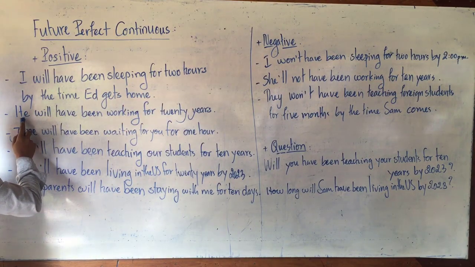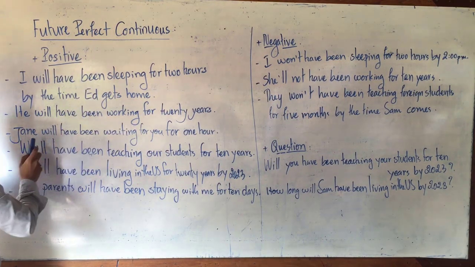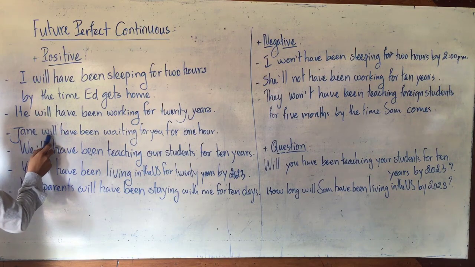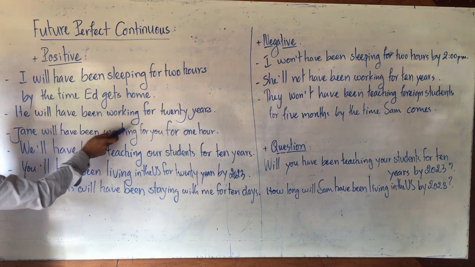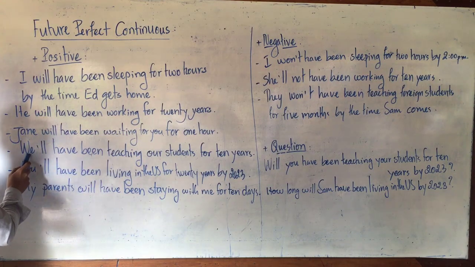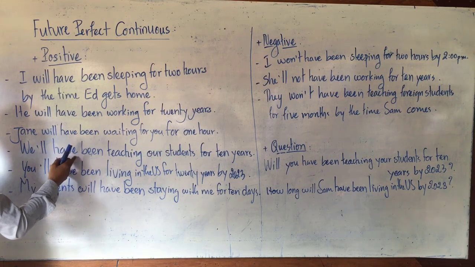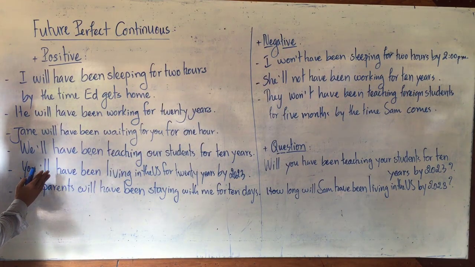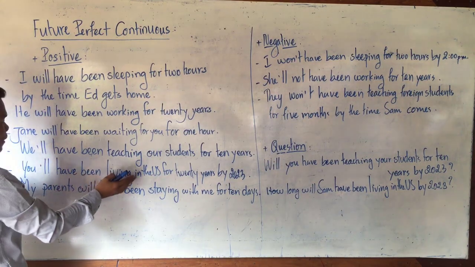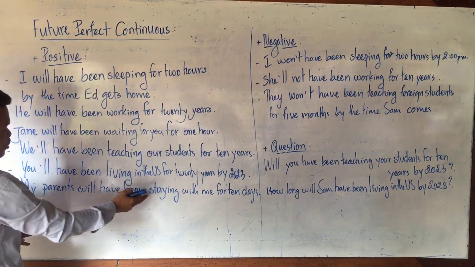He is the subject, will have been, same thing, verb-ing. Jen is a subject, will, same thing, have been, verb-ing. We is the subject, apostrophe double L is will, have been. Teaching is the verb-ing. You'll is the short form of you will, have been, living is the verb-ing. My parents will have been staying, staying is the verb-ing.